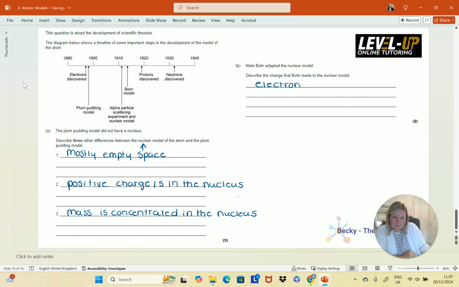So we'll mark number 1. And he said that they orbit the nucleus at specific distances. Okay, so he brought us into the 2, 8, 8 rule that we know today.